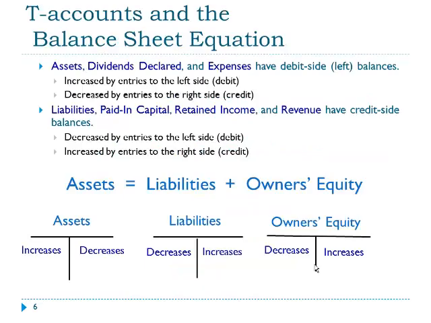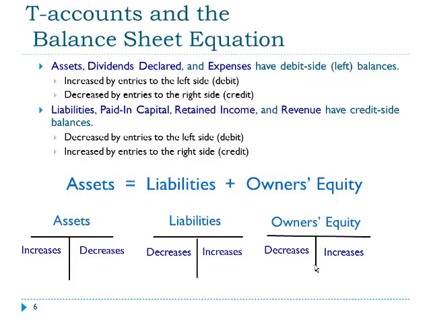Now, there are some accounts that systematically have a particular kind of balance, and that helps us in analyzing transactions. So assets, dividends declared, and expenses, those accounts have debit side balances, that is, left balances, so that their left side is always greater than their right side.